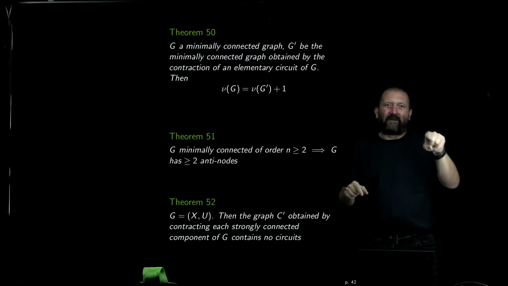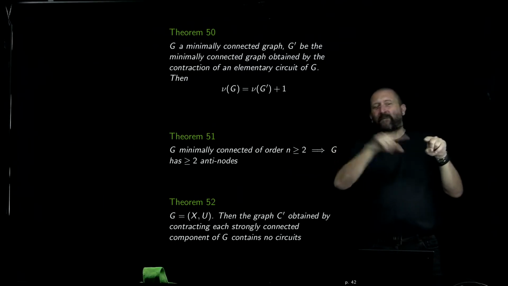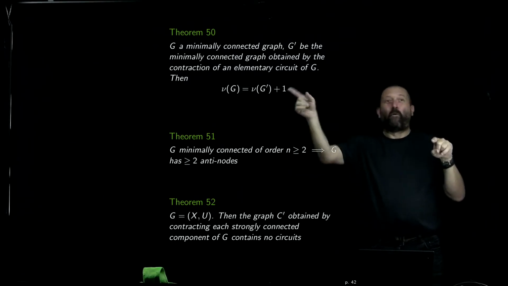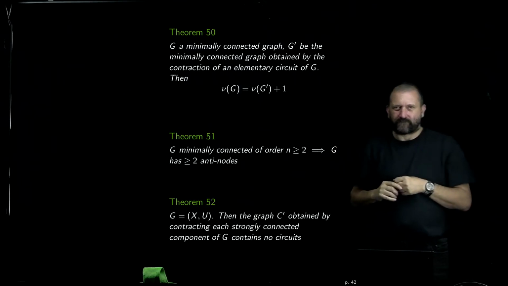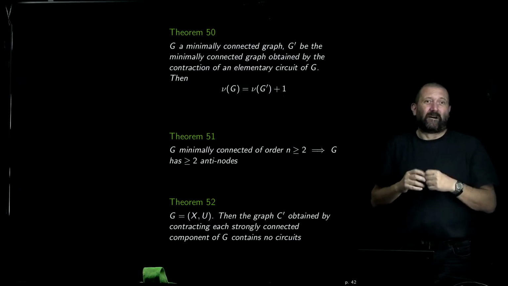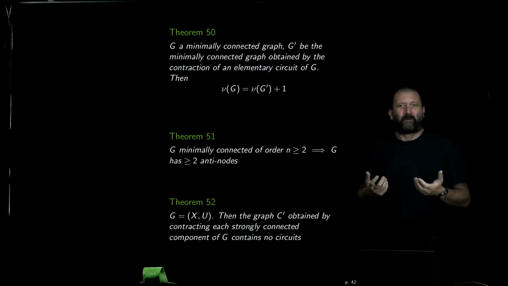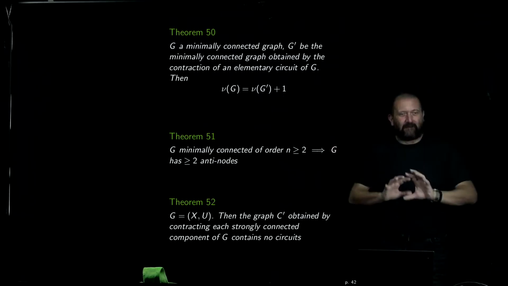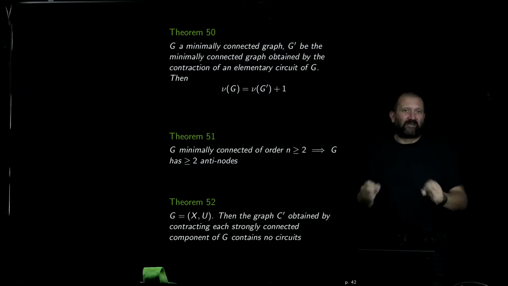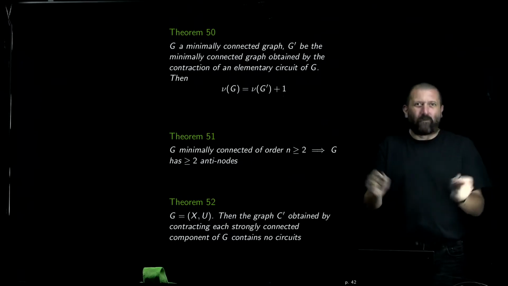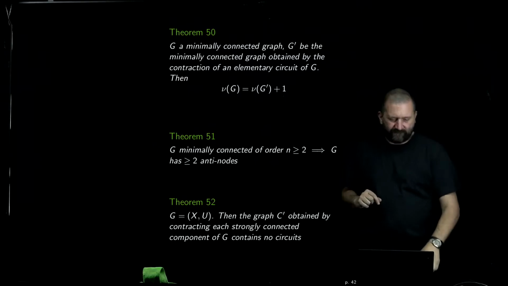And it doesn't really matter if I look at X, Y, or Z, it's all the connections that they make to the outside, or that they receive from the outside, that are important. Okay. And so we'll often be contracting, and therefore it's important to know that if you have a graph and it is not strongly connected, it has strong components, then you contract all around those strong components, you'll get something that has no circuits.